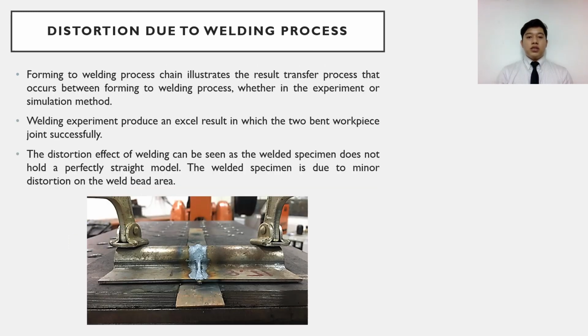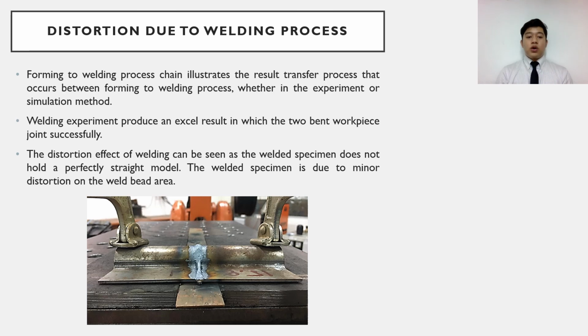The second part is the distortion due to the welding process. The forming to welding process chain illustrates the result transfer that occurs between the forming and welding process, whether in the experiment or simulation. The welding produced an excellent result in which the two bent workpieces are joined successfully.